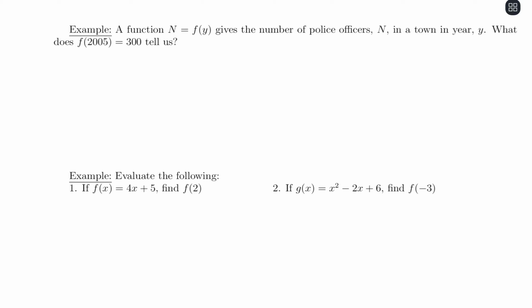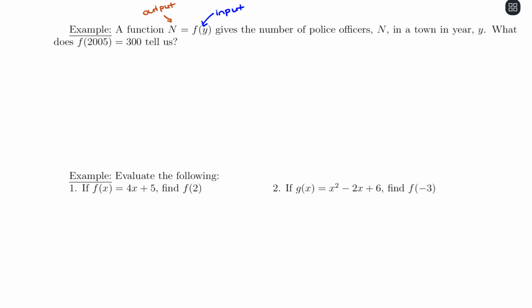So we have this function n equals f of y. Here we're changing the lettering a little bit, but even though we've been talking about y as the output, because it's inside the parentheses, that's making it the input. So this capital N, which is on the other side of the equation, that's our output variable.